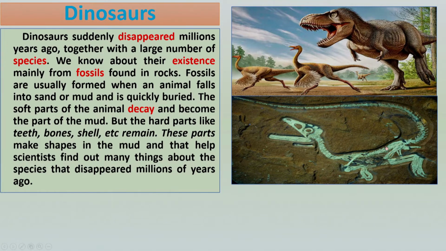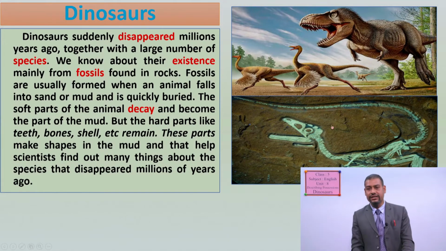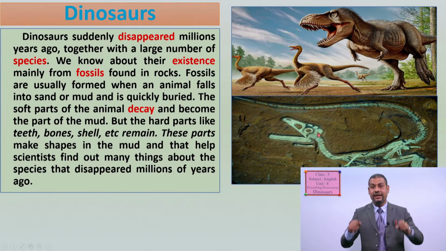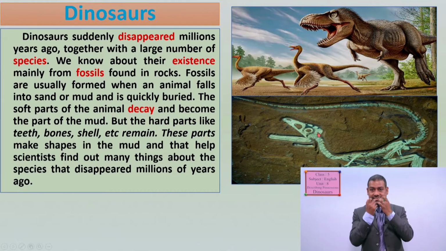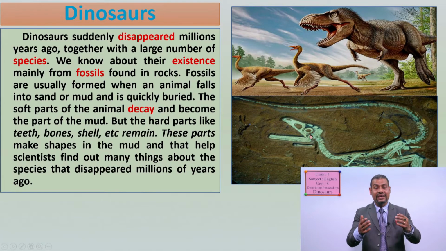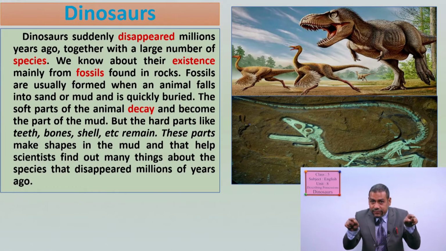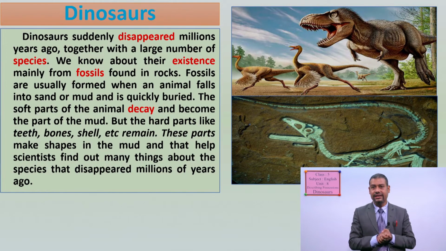For example, when dinosaurs died, and they were in the sand or in the mud or in the rock, their hard parts like bones and teeth remained there. And when the scientists studied such things, they found the shape of the dinosaurs, and then they could say that there were dinosaurs in the past.